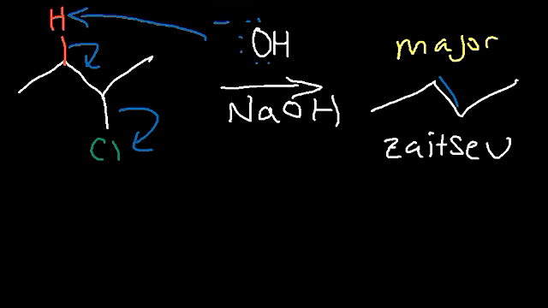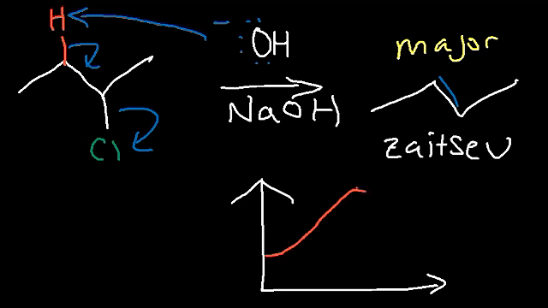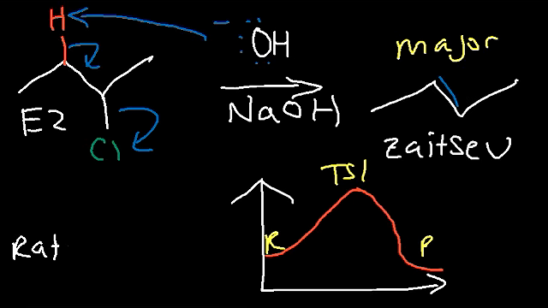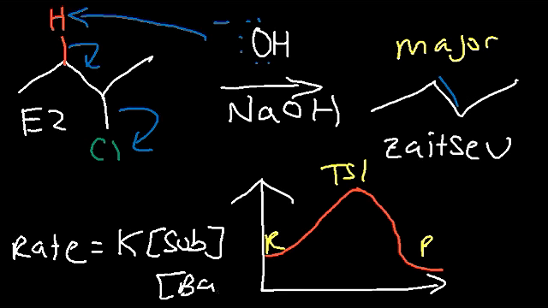Now, if we draw the energy diagram for an E2 reaction, it's only going to have one transition state because it's only one step. So here's the reactants, here's the products, and the rate law expression for the E2 reaction: the rate is equal to k times the concentration of the substrate times the concentration of the base.